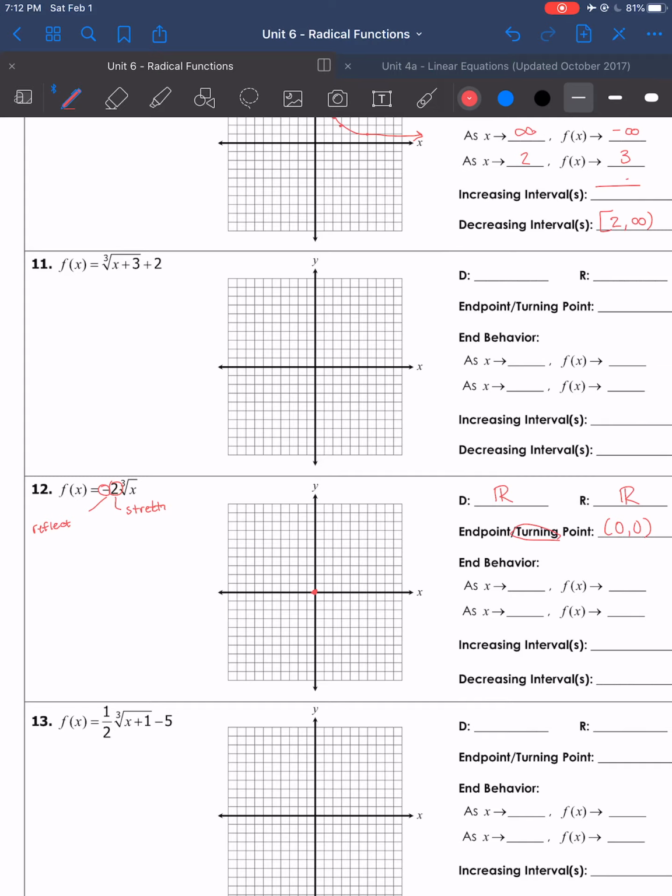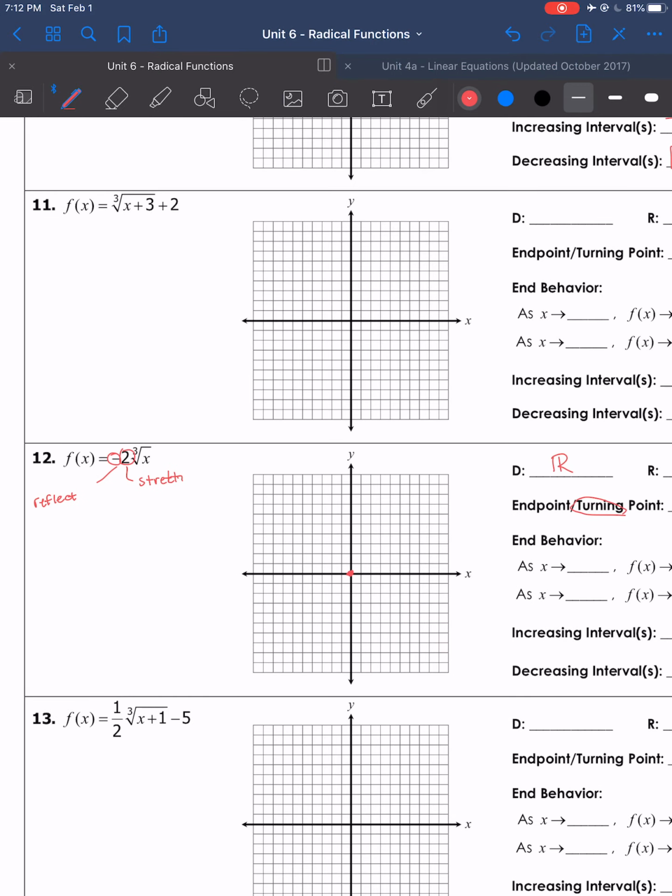And then usually you go over 1 and up 1 because the cube root of 1 is 1. However, because of the negative and because of the 2, I'm going to go over 1 and down 2. And then in the other direction, from my turning point, left 1 and up 2. And then to get the next point, we know that the cube root of 8 is 2.